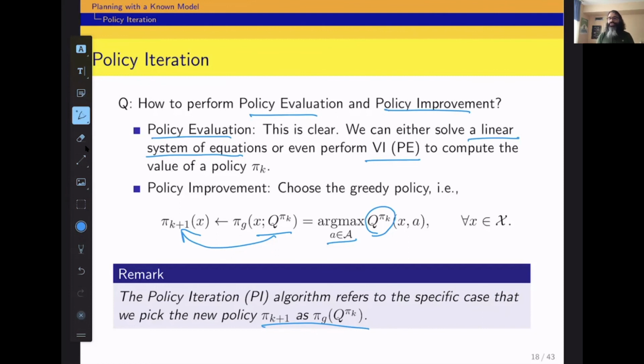Right, yes. There's a comment that the linear system approach would not work if x is continuous. That's right, because in theory you can solve it, but not in practice. It would be an infinite dimensional linear system of equations. Still linear, but we can't solve it easily, unless there's some structure.